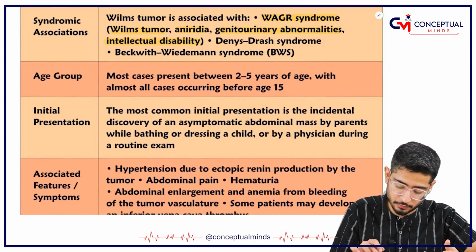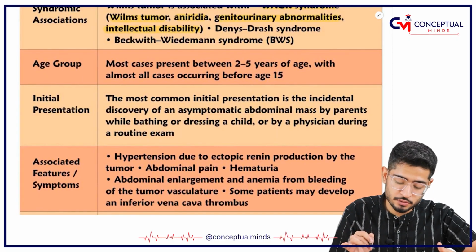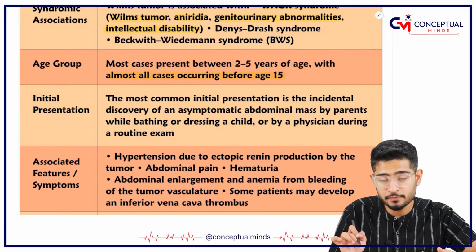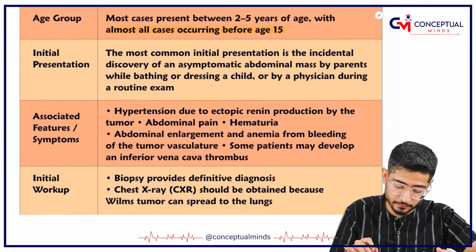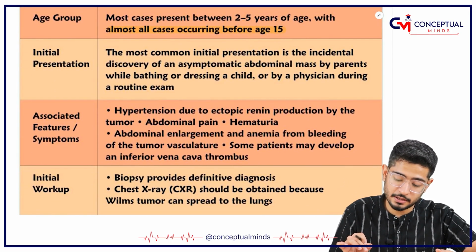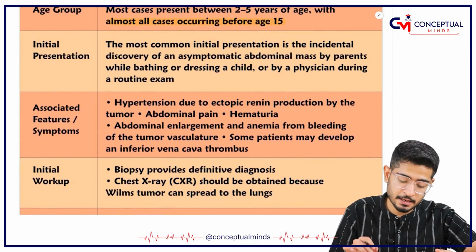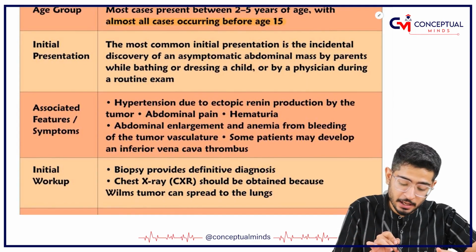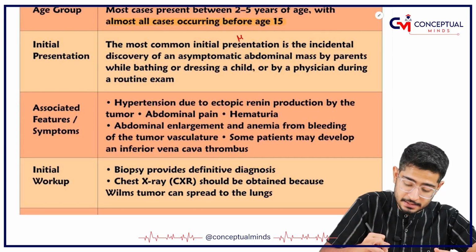Denys-Drash and Beckwith-Wiedemann I have told you. Almost all cases of Wilms tumor occur before the age of 15. What is the initial presentation? The most common initial presentation is asymptomatic. That is also asked as an MCQ.